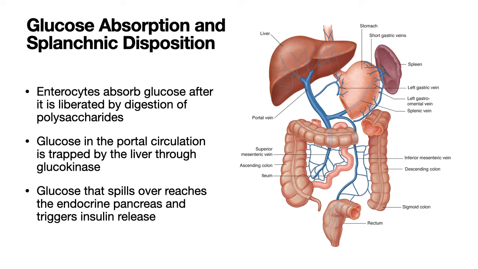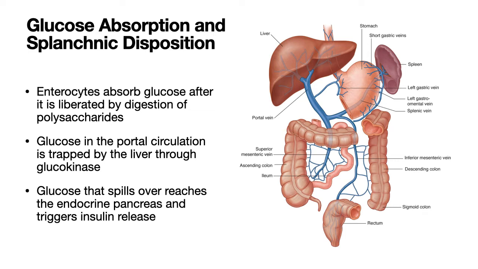As you will see, the stomach has been cut away, and you have to focus on the middle, the small intestines. That's the duodenum, and you will see here that the duodenum is drained by mesenteric veins that will fuse together to form the portal vein, which directly supplies blood to the liver.